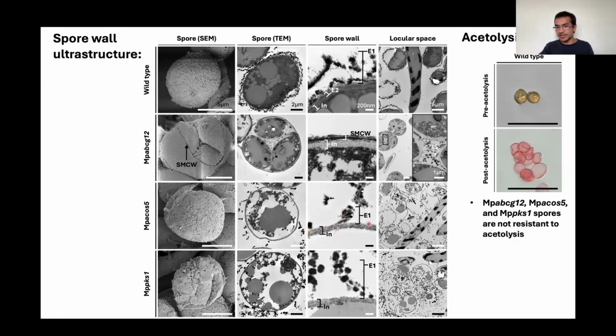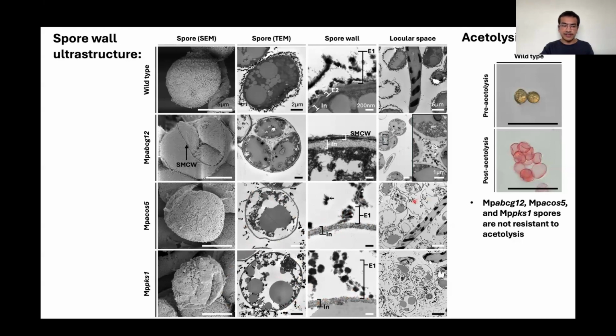Exine 2 is completely missing. Exine 1 is loosely deposited all around the spore. The same goes for PKS1 mutants, a very loosely deposited and defective exine 1, and exine 2 is completely missing.